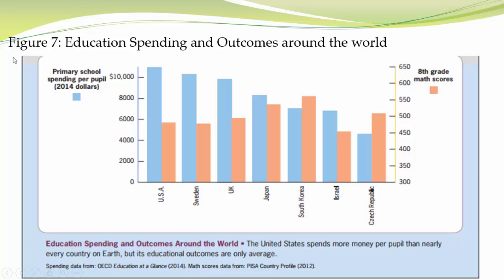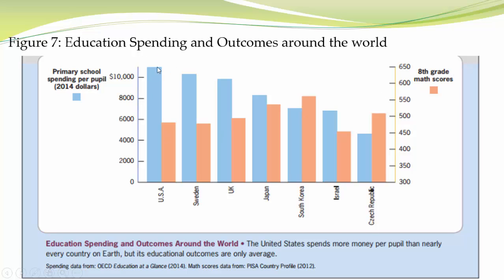The primary school expenditure in different countries of the world. This is the spending per student. The USA is the leading one, followed by Sweden, then UK, then Japan, then South Korea, then Israel, and the Czech Republic. At the same time, we see the 8th grade mathematics score.